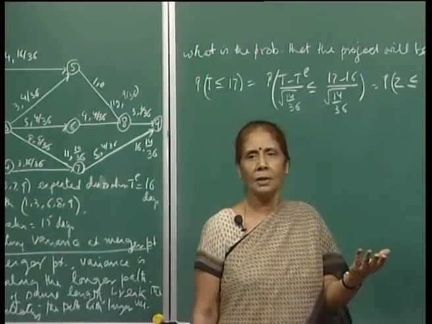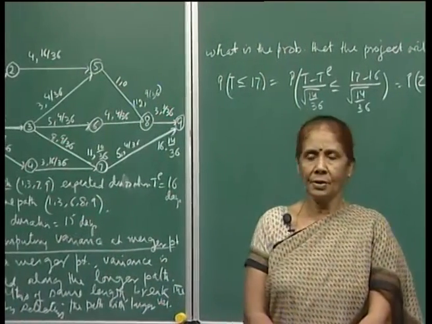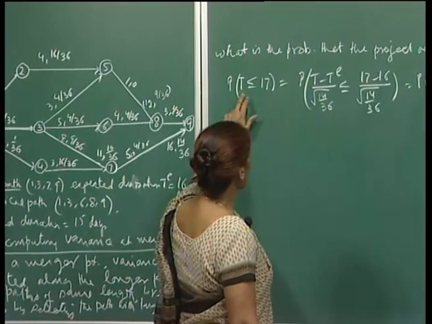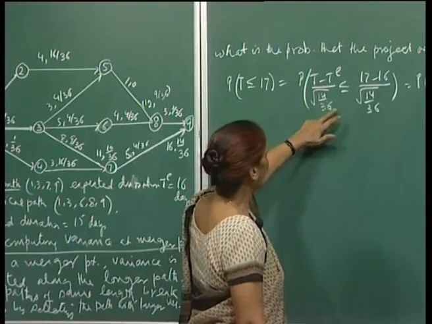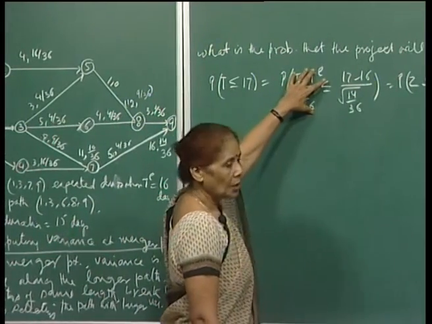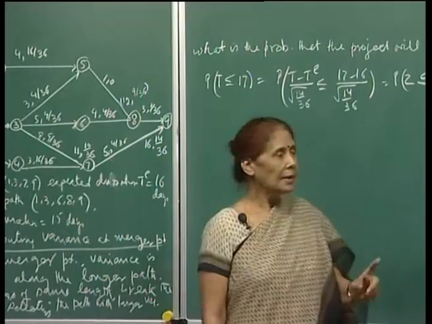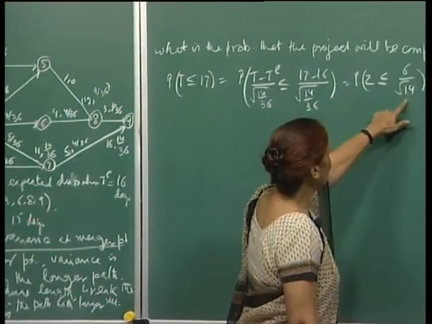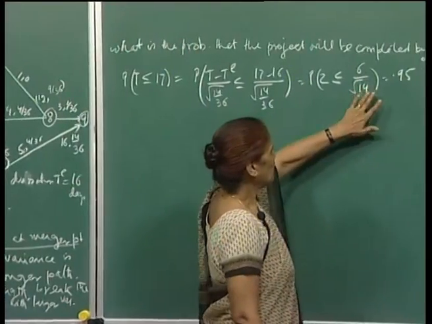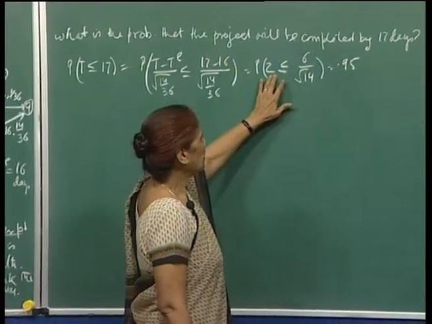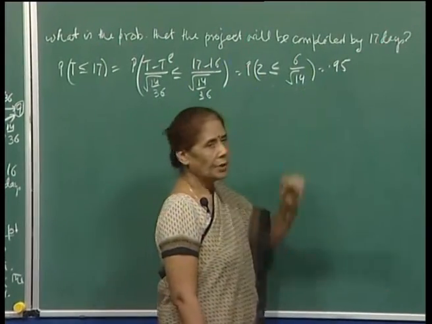So, we are using the concept of the central limit theorem, and then I can standardize this variate. (T minus Te) upon the standard deviation becomes a normal variate with mean 0 and standard deviation 1. You compute this number with your calculator, and looking up the table, this comes out to be 0.95.